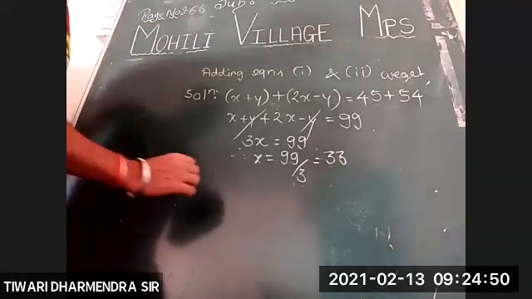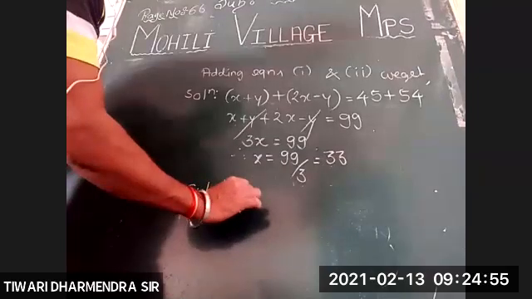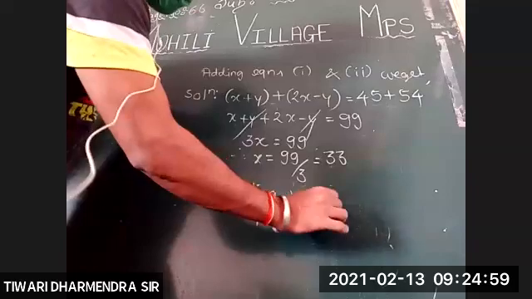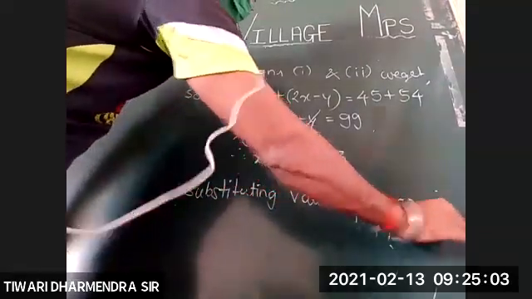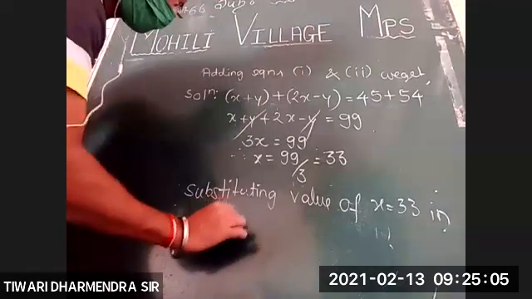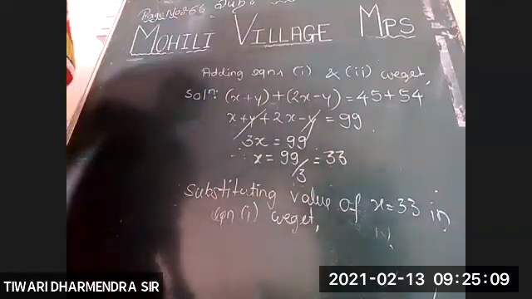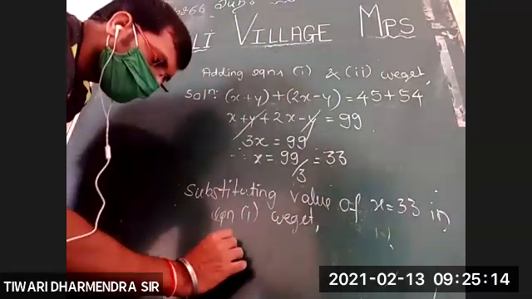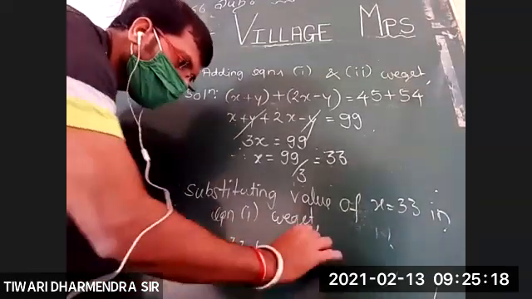So substituting the value of x equal to 33 in equation 1, we get x plus y, means value of x is 33, 33 plus y is equal to 45.